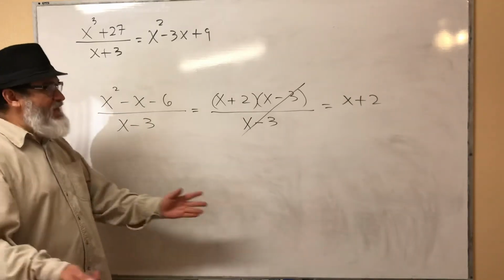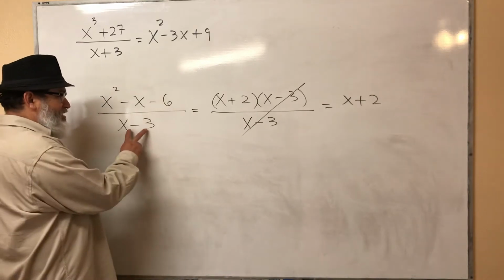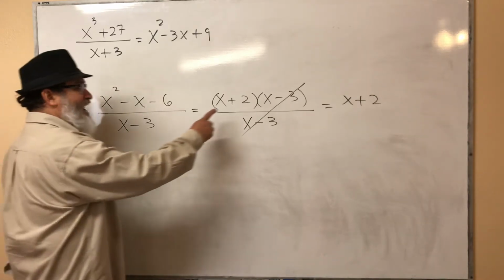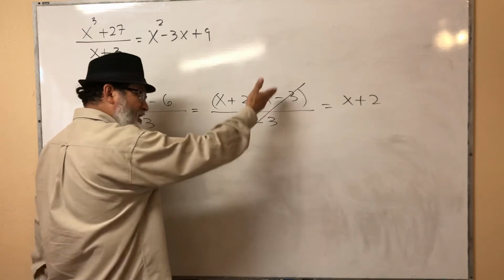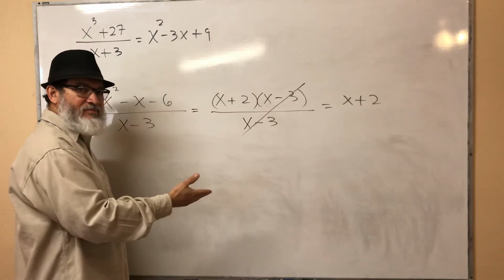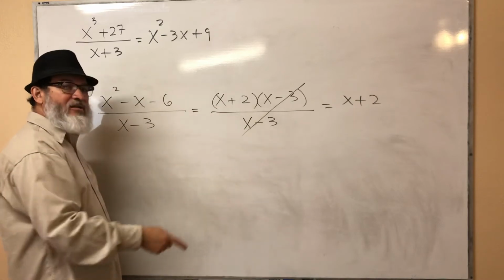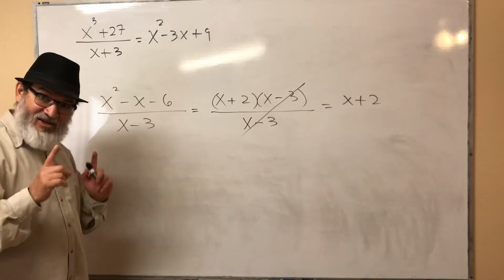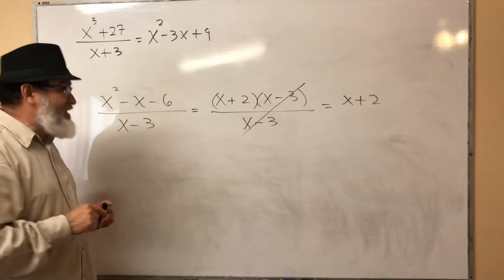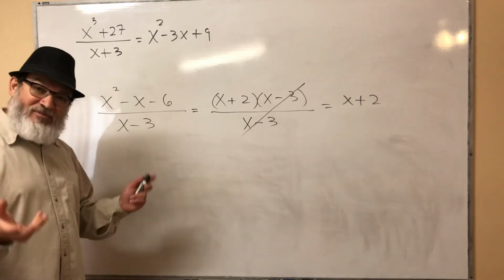Guaranteed. How do I know that? Because look, this denominator is a factor in the numerator. They cancel. And that's our answer. Let's do this problem with synthetic division, and I'm going to show you that we're going to get a remainder of 0.